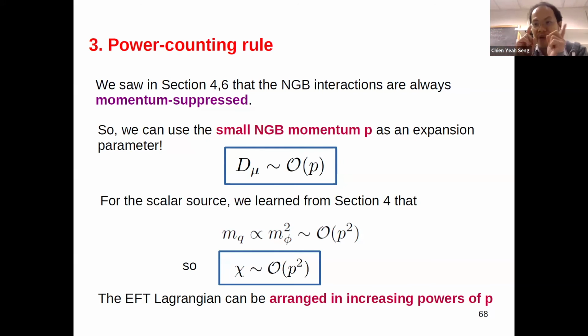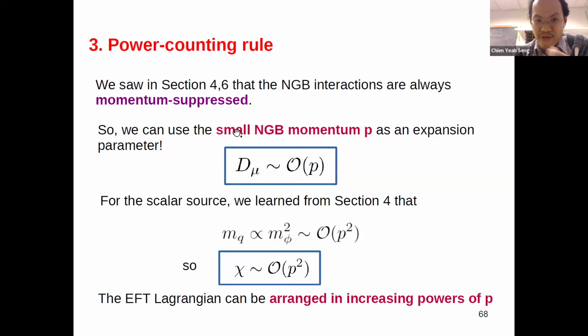Just now we have mentioned an interesting property of the Nambu-Goldstone boson, namely, it does not interact at zero momentum. So if we are considering only the scattering processes between Nambu-Goldstone bosons of very small momentum, the soft Nambu-Goldstone bosons, then that small momentum itself can be taken as an expansion parameter.